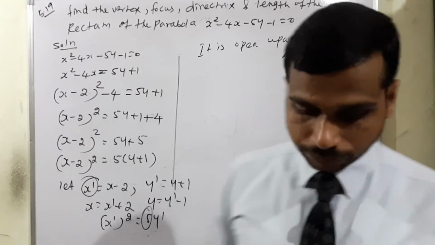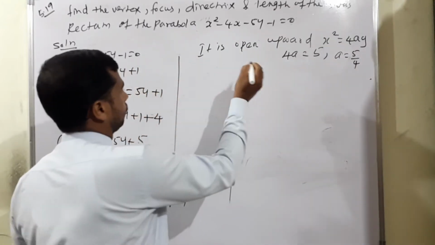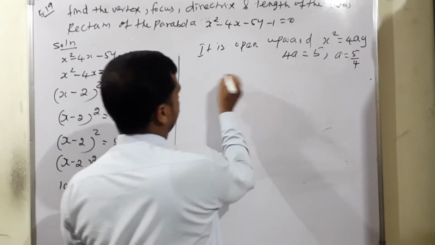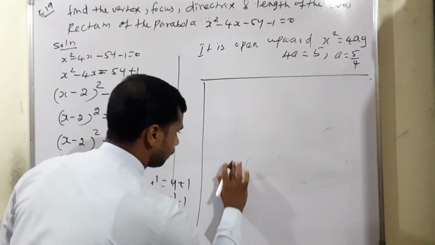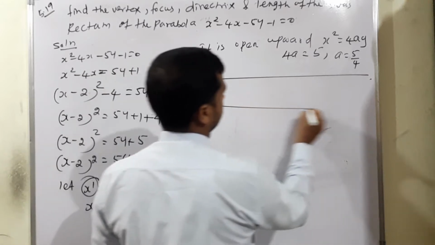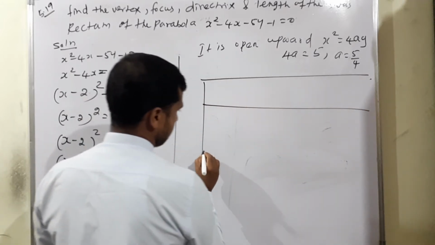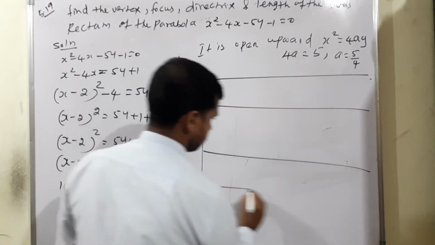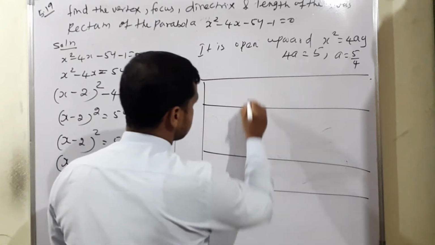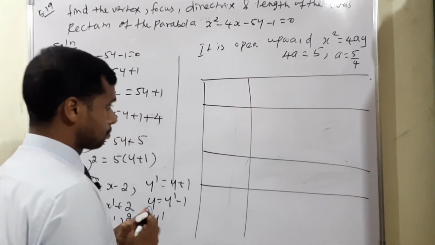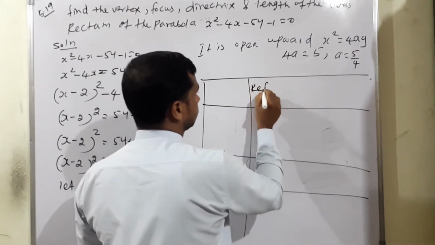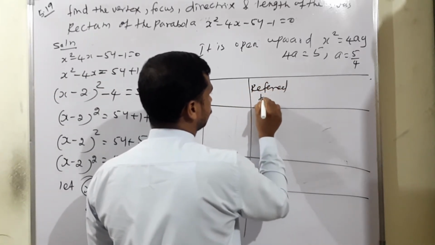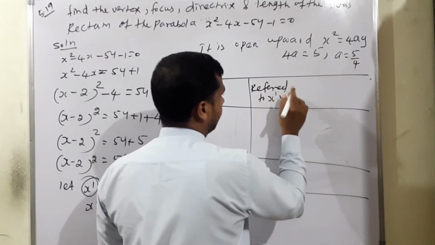Now we have to draw a table, then only you will get a clear idea. The first step: the condition, this is referred to as x dash and y dash.